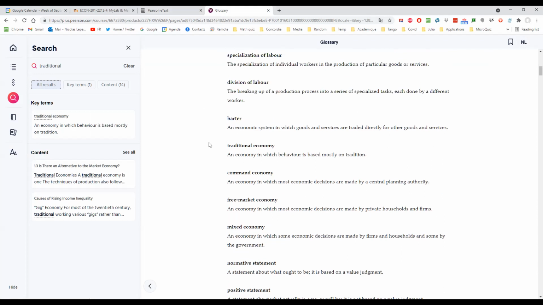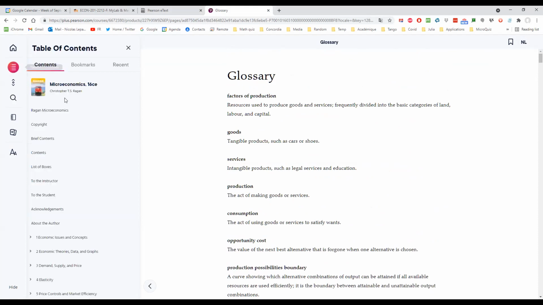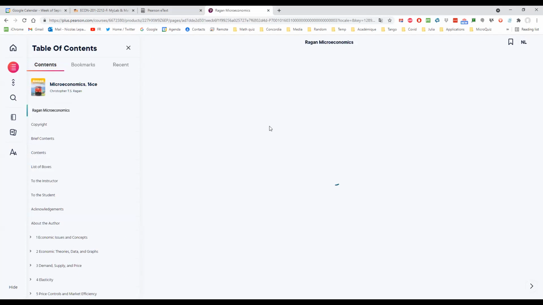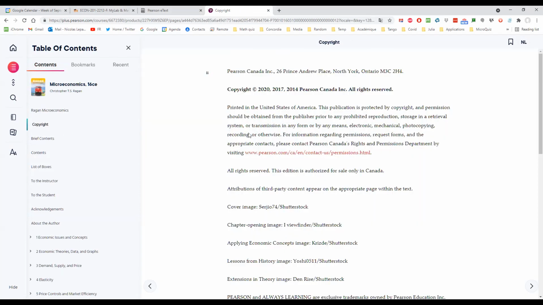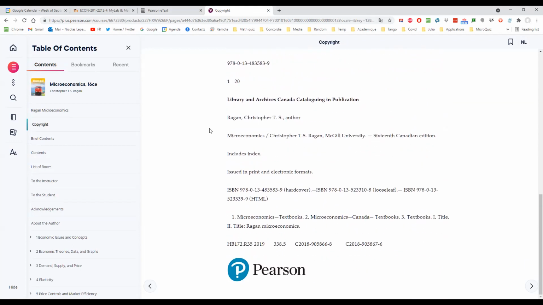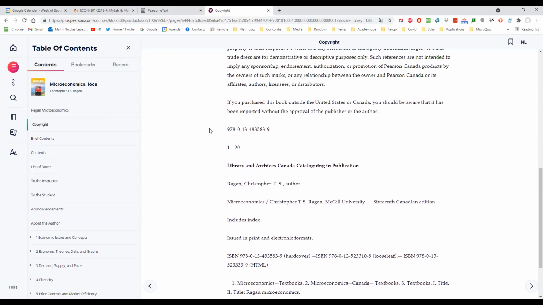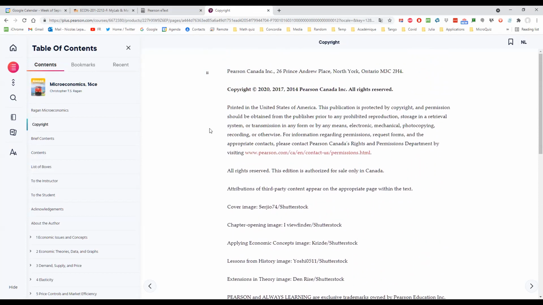The other student before said that you get some access code, I think on the first page, the copyright page. Okay, but what does the access code give you access to? Because I have everything you see right now, but I don't know where I'm supposed to put an access code. Yeah, this is above my head.